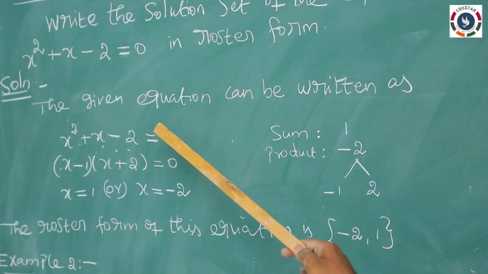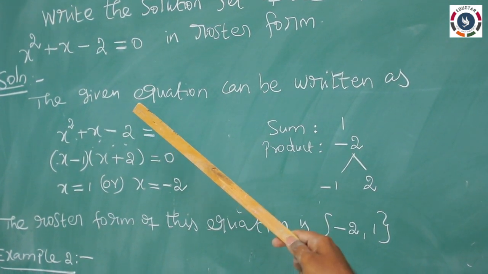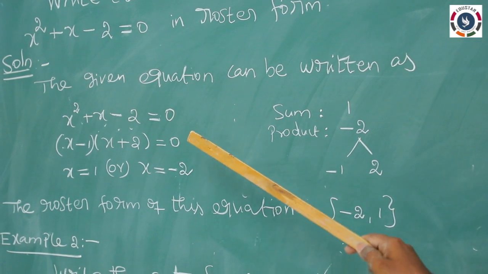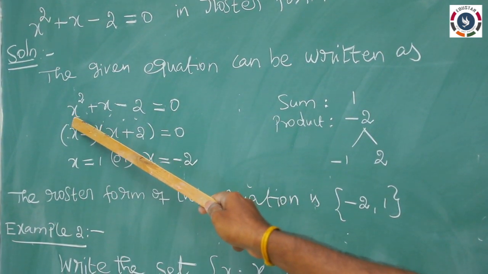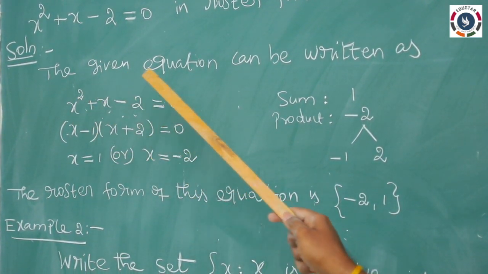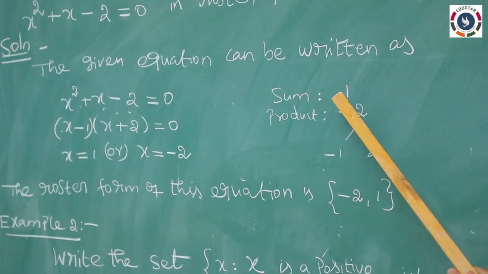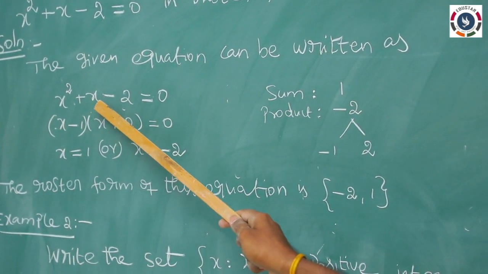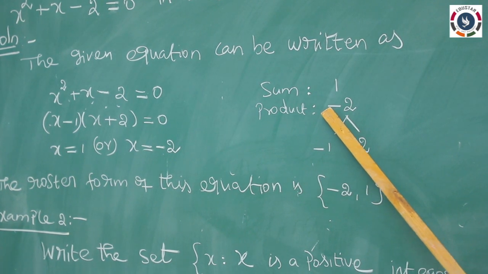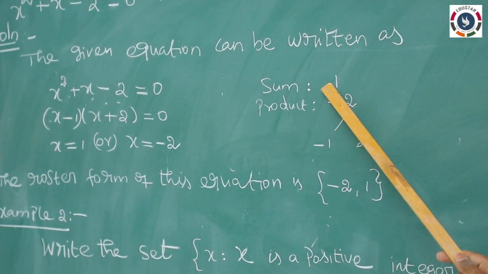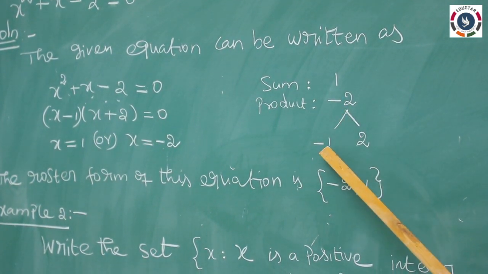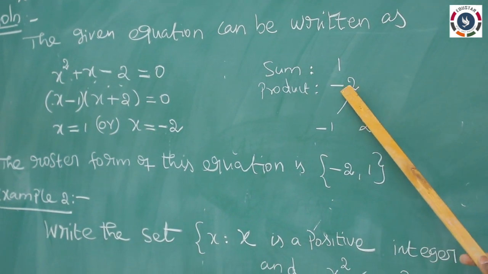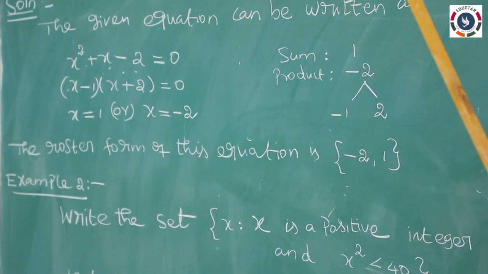This is a quadratic equation, it has two roots. The sum of roots is 1 and the product of roots is minus 2. Sum 1 and product minus 2: minus 1 into 2, and the sum of the two values is plus 1.